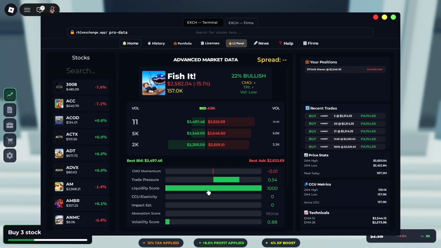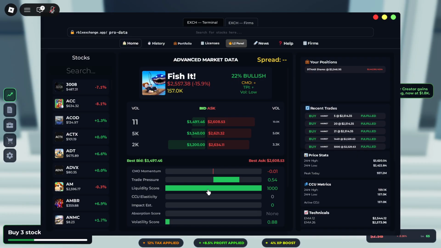The number of people playing Fish right now is going down, going up, right? And basically, what that CCU determines is how much that player base influences the price of the stock going up or down.